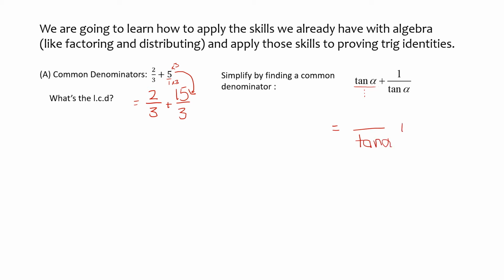This one's okay, it's already over tan alpha. But for this one, I had to multiply the denominator by tan alpha, which means I'm going to have to multiply the numerator by tan alpha. So tan alpha times tan alpha is tan squared alpha. I put those two together, and I now have a common denominator. My common denominator is tan alpha, and I have tan squared alpha plus 1.